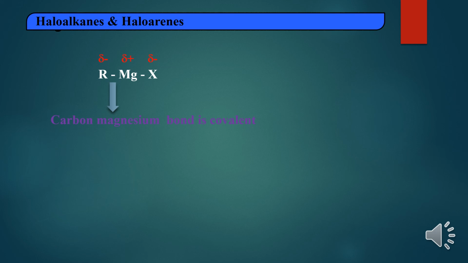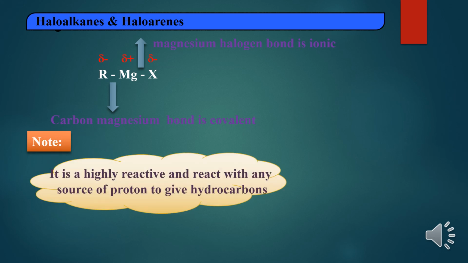The carbon magnesium bond is covalent in Grignard reagent, and the magnesium halogen bond is ionic in nature. So it is highly reactive and reacts with any source of proton to give hydrocarbons. So if Grignard reagent reacts with protons, it easily gives hydrocarbons.